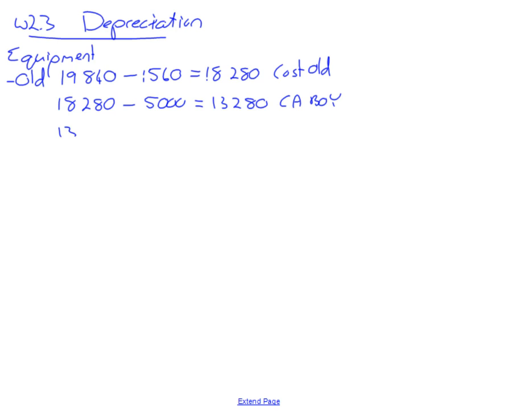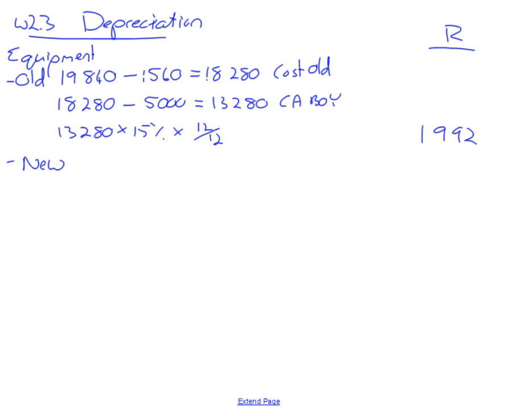Depreciation now will be 13,280 times 15% times 12 over 12 months. We had that old machine for the entire year, right? And I can put that in straight away in my total of 1,992.